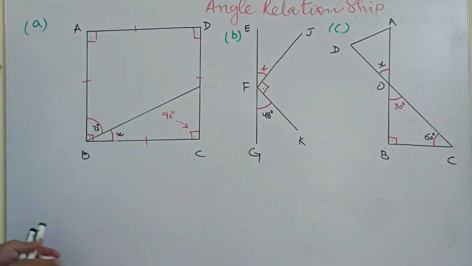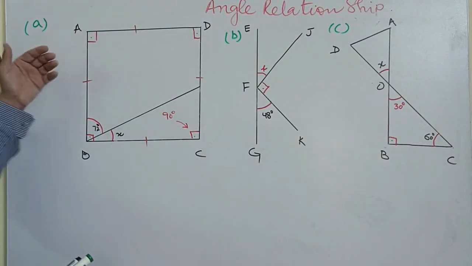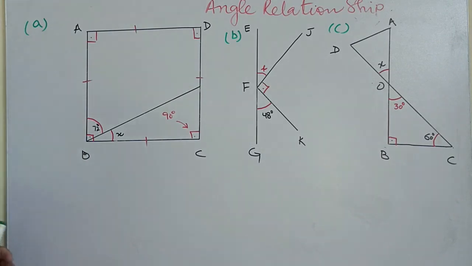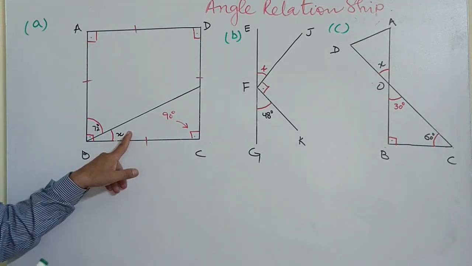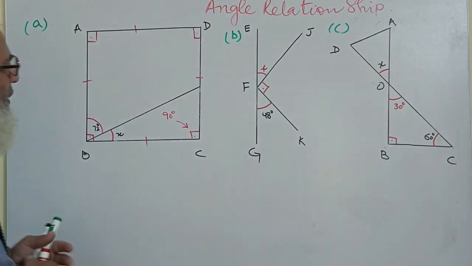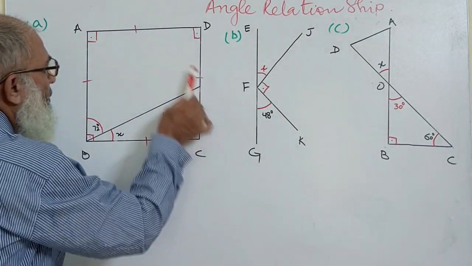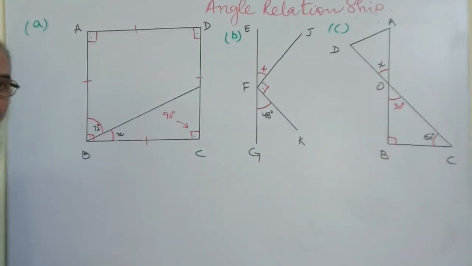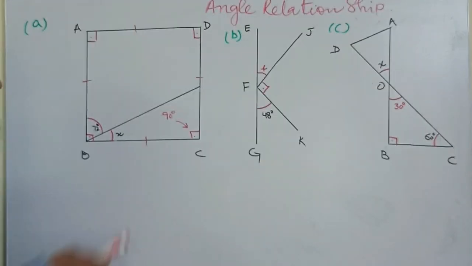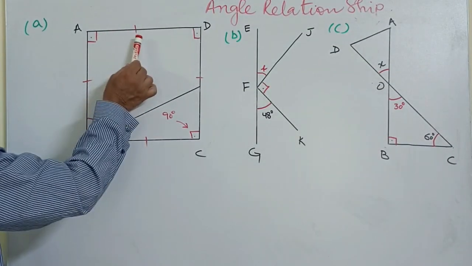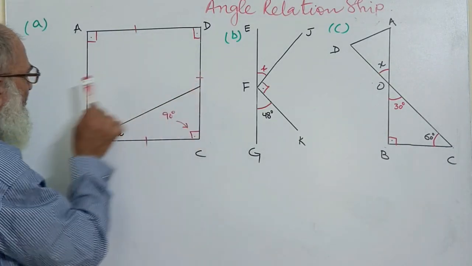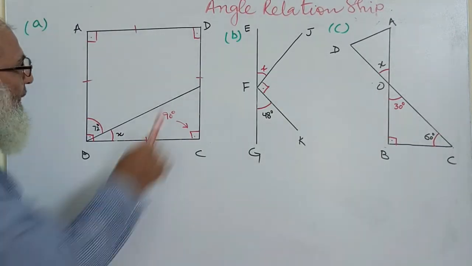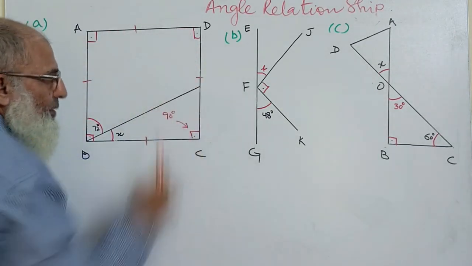Okay, now we'll discuss figure A first of all. Now what we have to find is angle X in this figure. We are not concerned with all of the figure. Anyway, it is a square because you see that one line and one line represent that all the sides are equal.